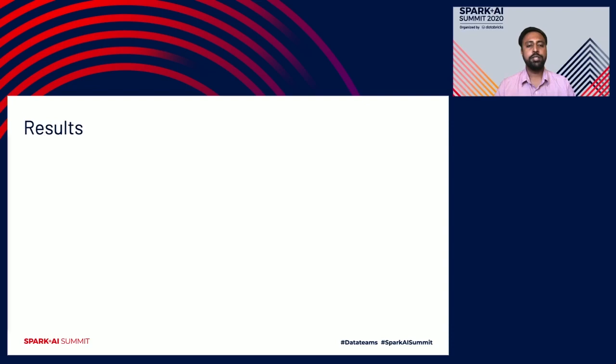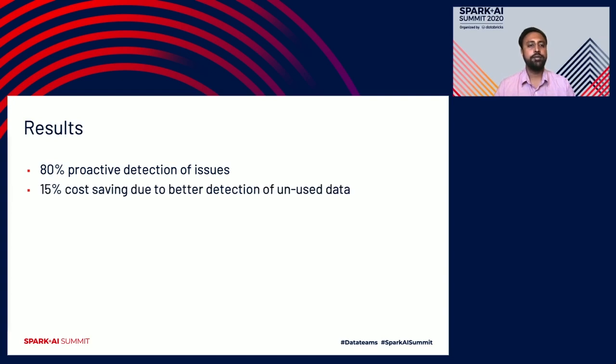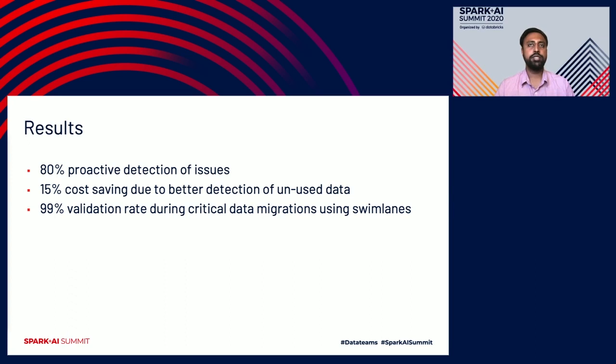Just to talk a bit about results, we were able to achieve an 80% detection of the issues proactively. We had a 15% cost saving due to better detection of unused data. And also importantly, we were able to achieve a 99% validation rate during critical data migrations.